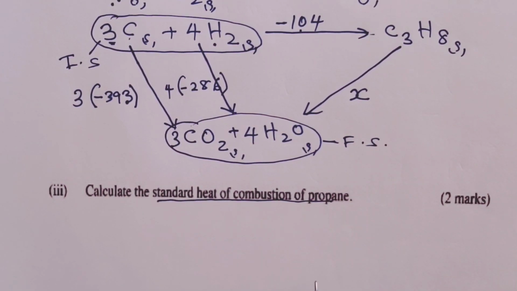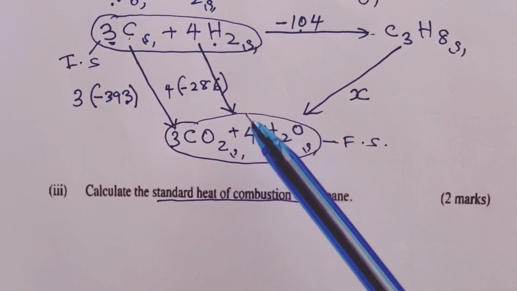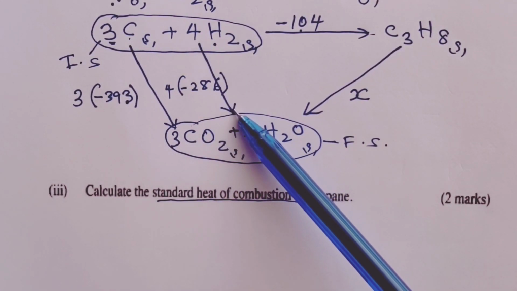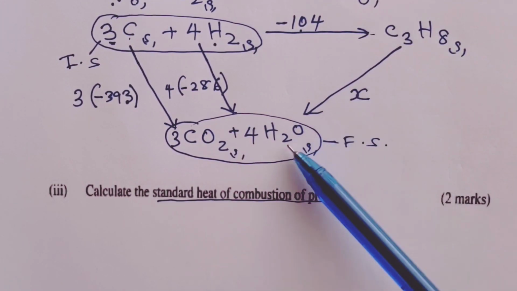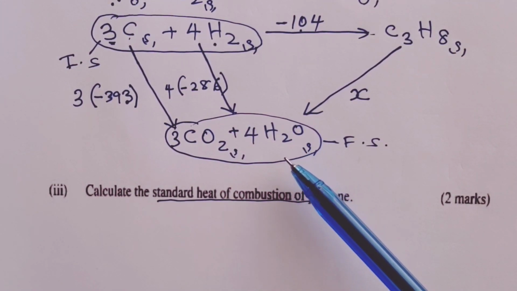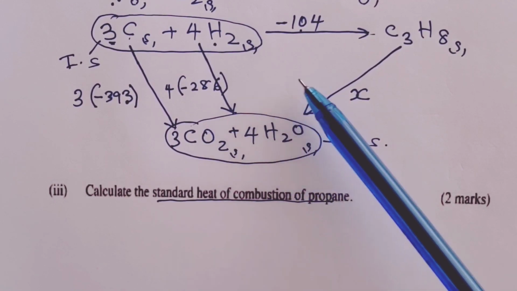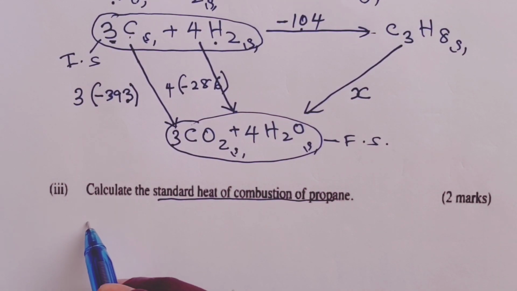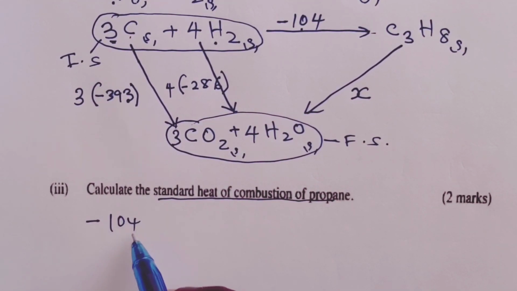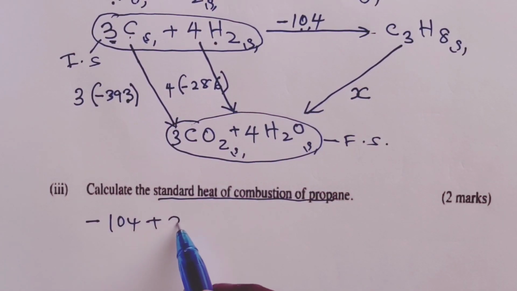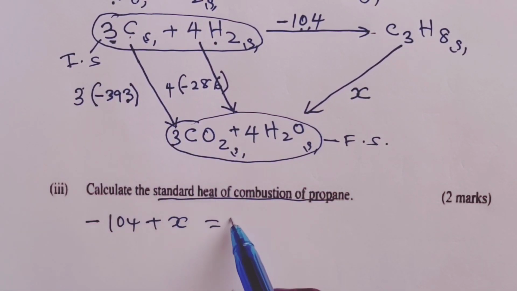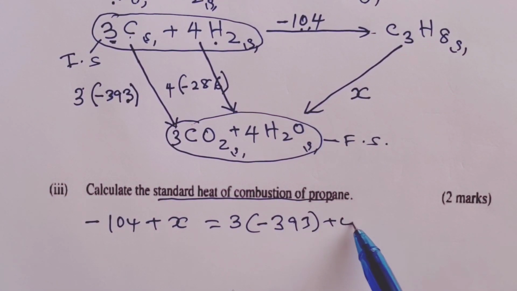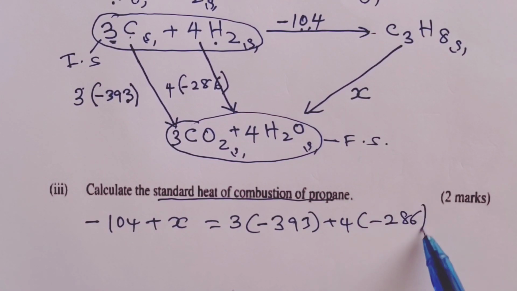So you realize we have 2 routes that can take us from initial state to final state. These 2, root 1, with negative 104 and X, and root 2. By Hess's Law, the energy involved in the 2 roots must be equal. So to get X, we shall relate that negative 104 added to X is supposed to give us 3 by negative 393 added to 4 by negative 286.